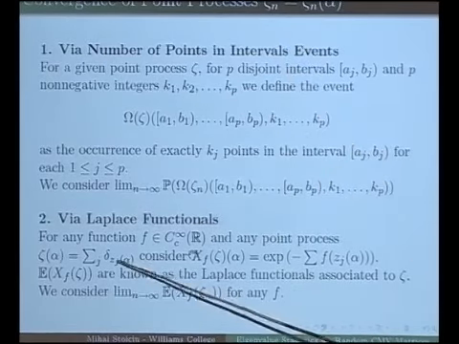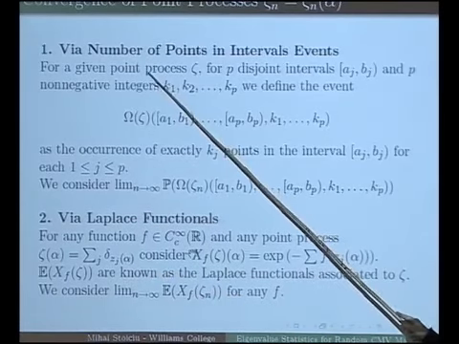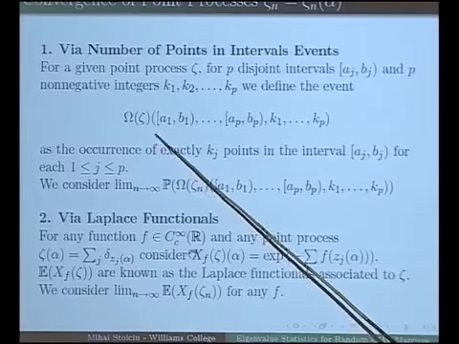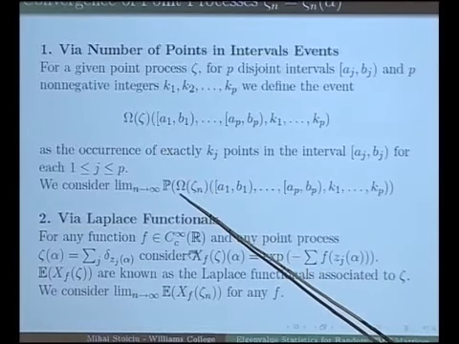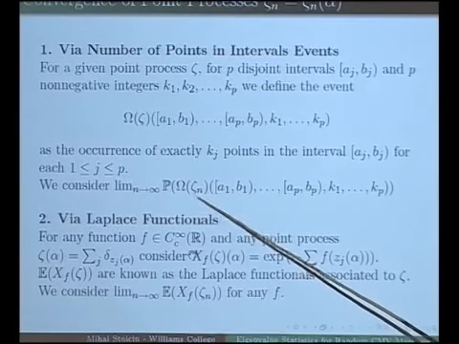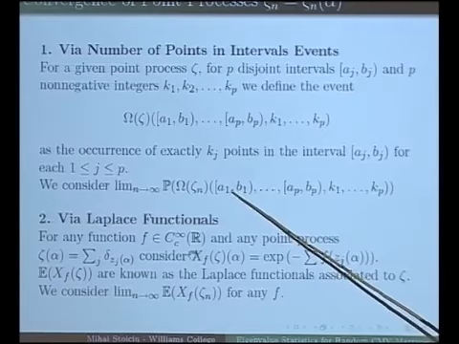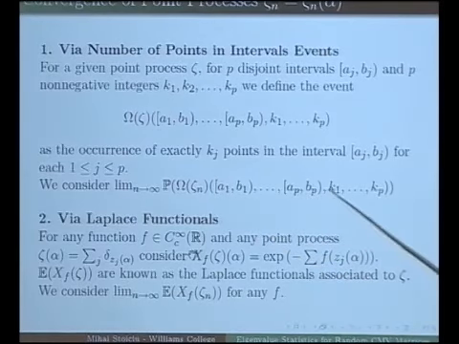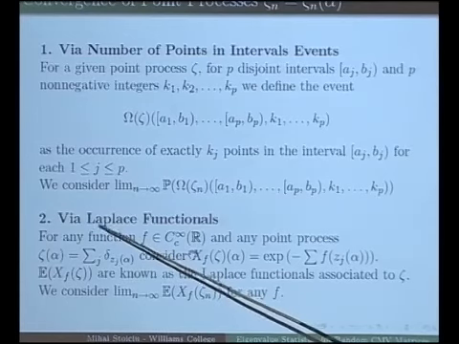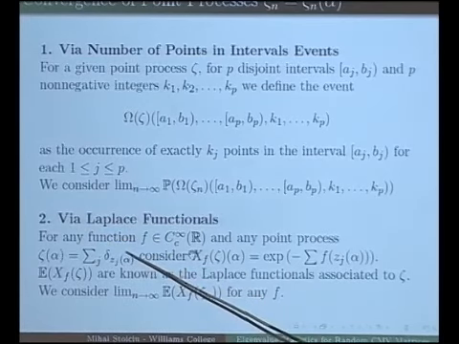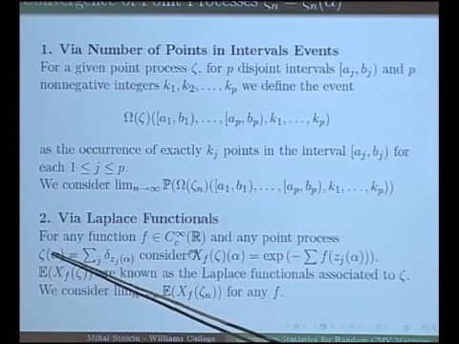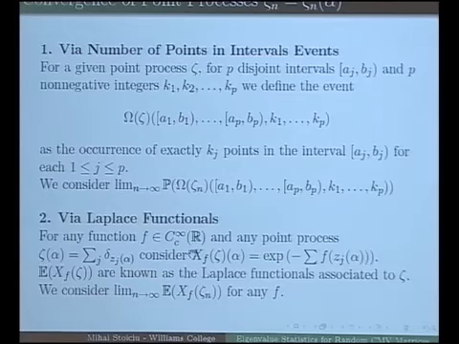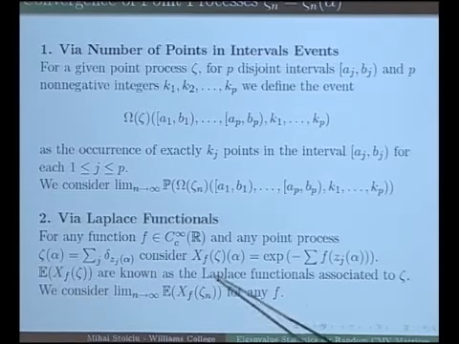So how can we take a limit of point processes? If I have a sequence of point processes on the line, I would like to take the limit of this object. This can be done in two ways, which are almost equivalent. One is what I showed you, via number of points in interval events. You take the probability that this point process has k1 points in A1, B1, k2 points in A2, B2, kp points in AP, BP, and take the limit of these numbers. Or we can consider these Laplace functionals, which are obtained in the following way.